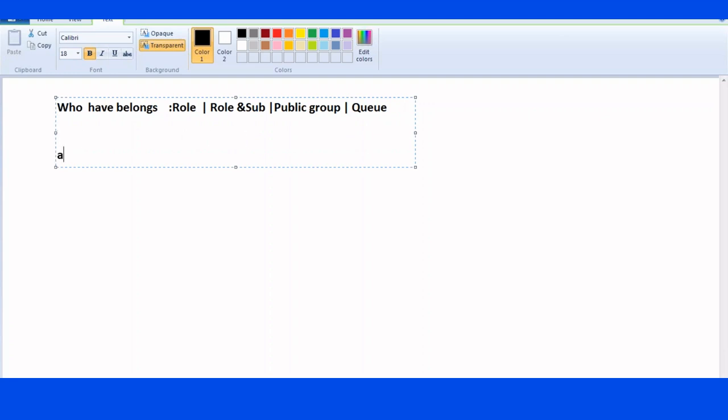Shared with users who have a given role or role and subordinates.